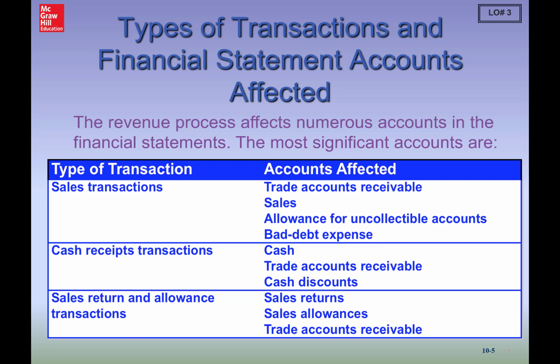We have sales of $1 million. We determined that 1% of that, based on past experience, will go bad. 1% is 10,000, right?